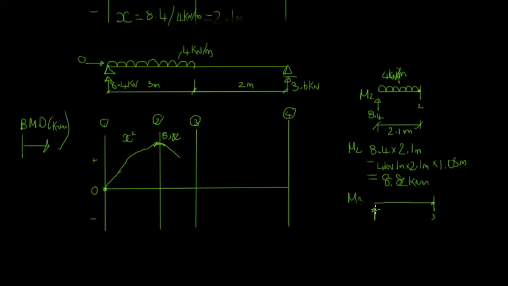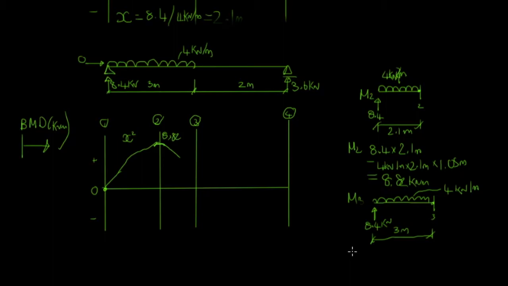So we're going to have our 8.4 reaction. We're going to have our 4 kilonewton per meter line load, and that is acting across a distance of 3 meters.